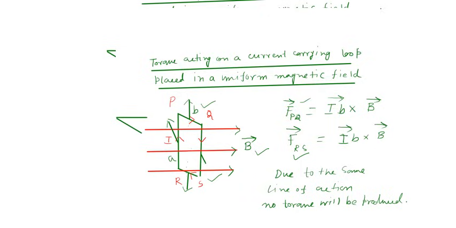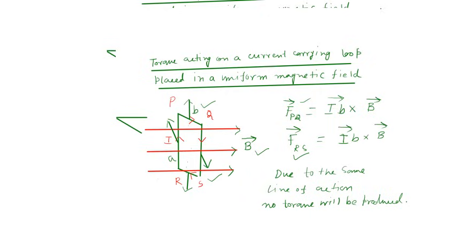So they will try to rotate the loop clockwise, and when the normal of the loop becomes parallel to the magnetic field, that is, when the surface becomes perpendicular to the magnetic field, in that case no torque will act.